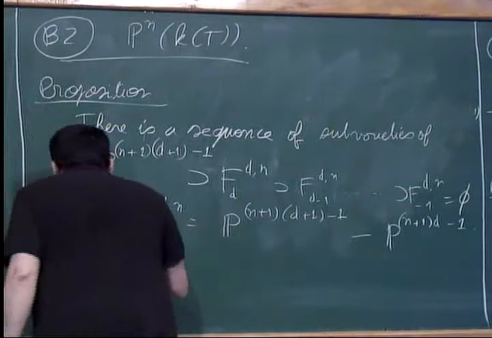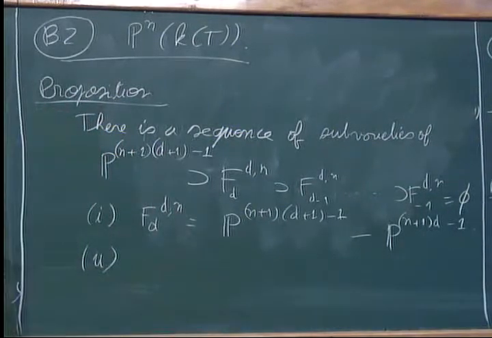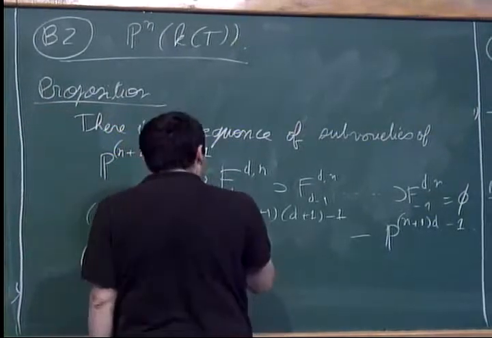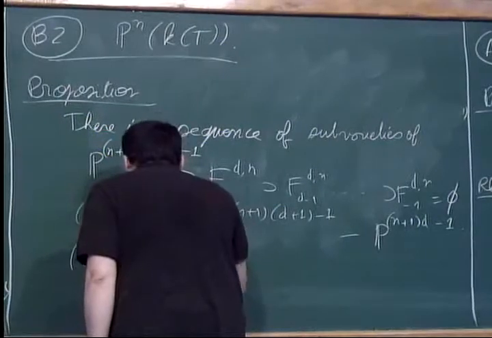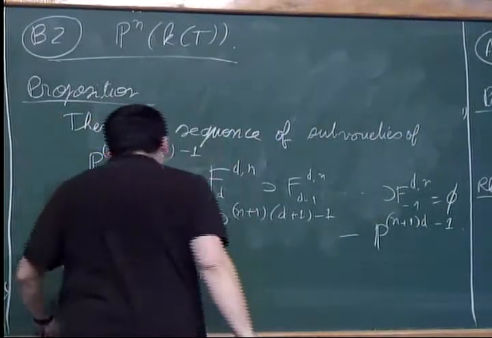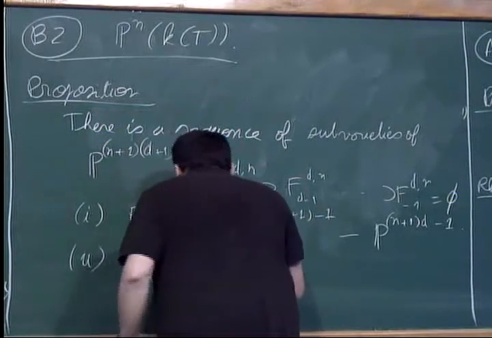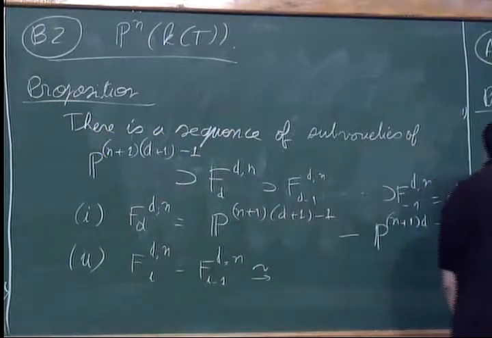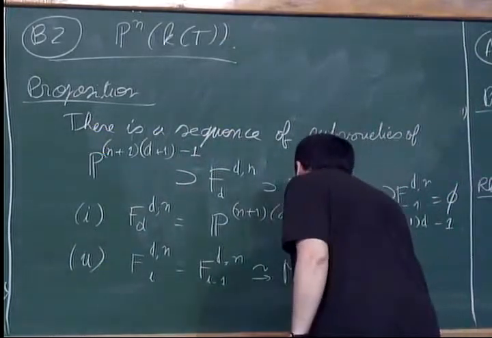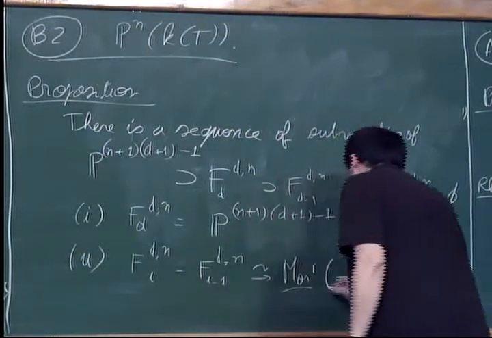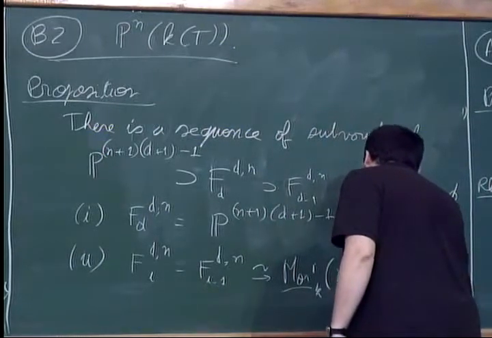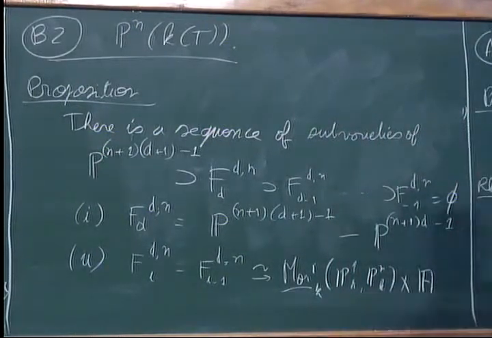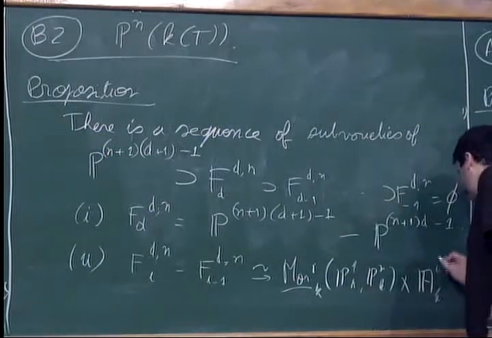And also, if I look at F_i^n minus F_{i-1}^n, then this is isomorphic to the morphisms of degree i from P^1 over k to P^n over k, times A^1 over k to the power d minus i.